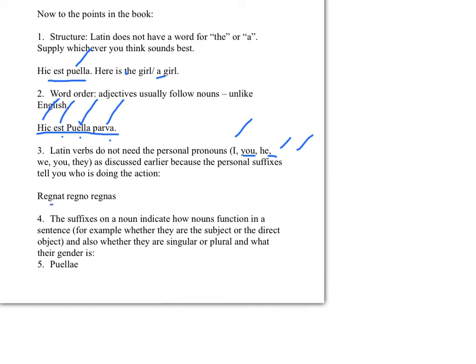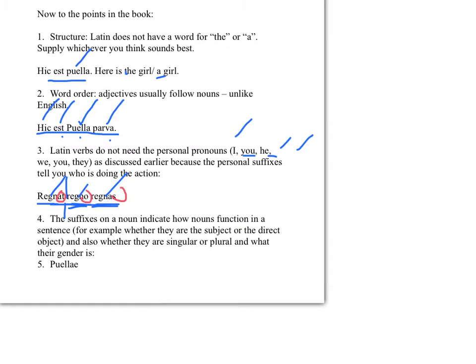For example, in these examples of these verbs, regnat means he, she, or it rules. Regno, the second one, means I rule. And the third one, regnas, means you rule. It is only because of the endings that I can tell them apart.